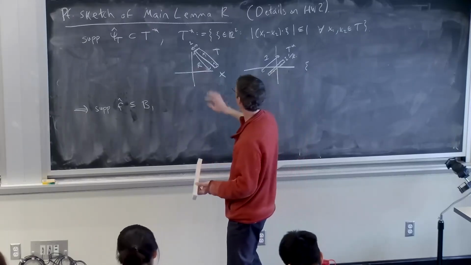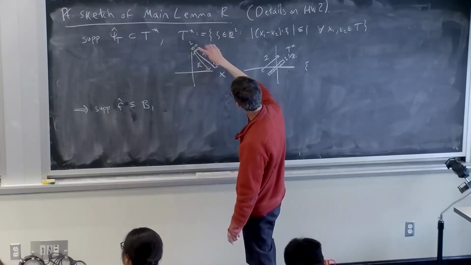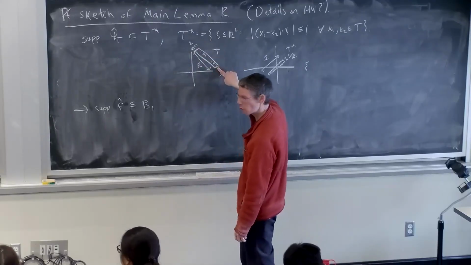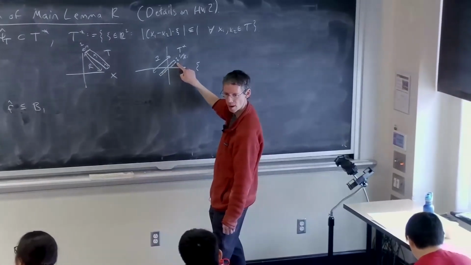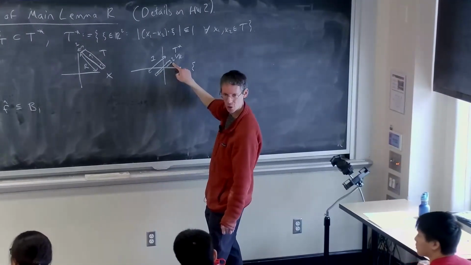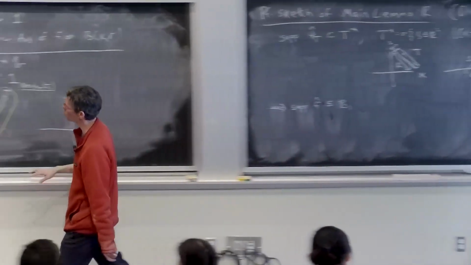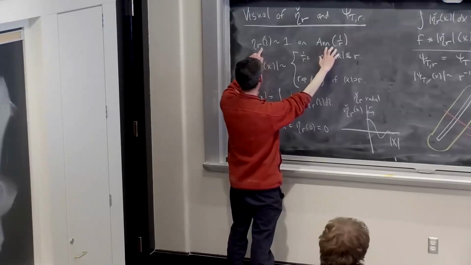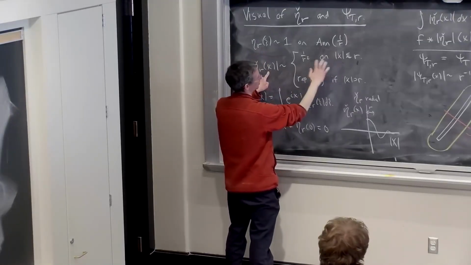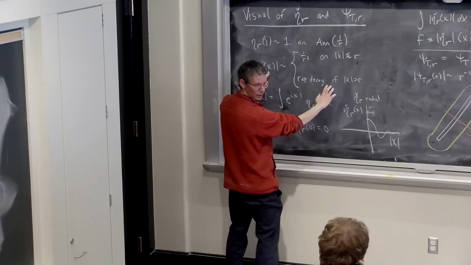So before I erase this, maybe I'll say, so we mentioned earlier that if we have a smooth function supported on this tube, we take its Fourier transform. It's essentially supported on this dual tube. That proof is a slightly fancier version of what we were just talking about. So we were just saying that if you have a smooth function on a certain annulus or a certain ball, then its Fourier transform is essentially supported on a dual ball, and then it's rapidly decaying outside.